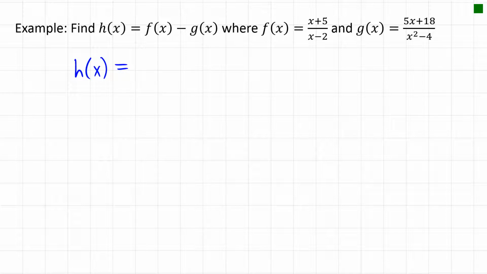So h of x would just be f of x, which is x plus 5 over x minus 2, minus g of x, which is 5x plus 18 over x squared minus 4. So I'm combining my 2 functions through subtraction, and I can go ahead and start this problem, which now turns into just a regular subtraction of rational functions problem.